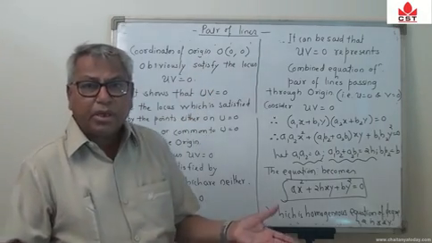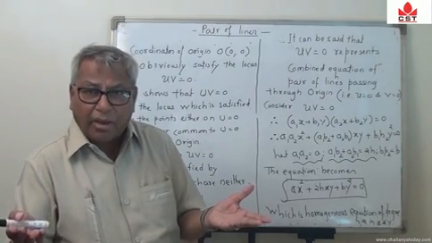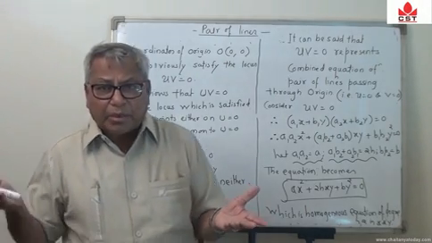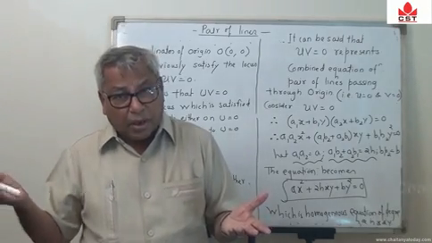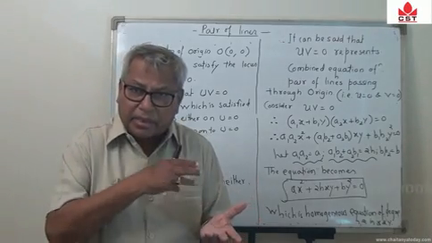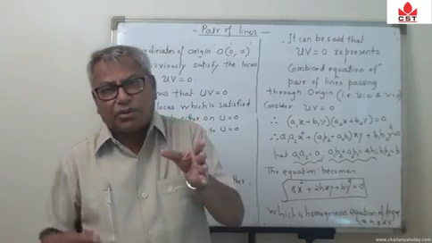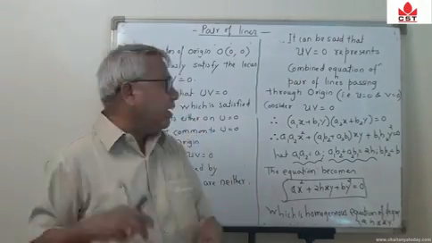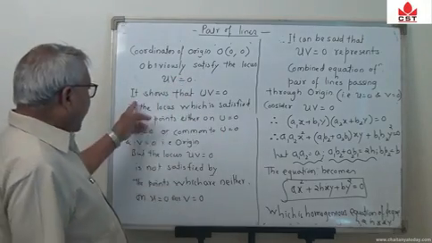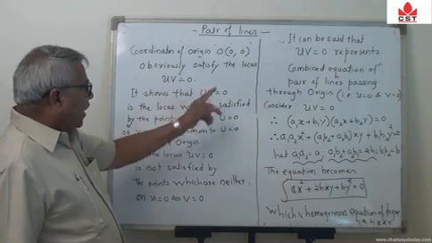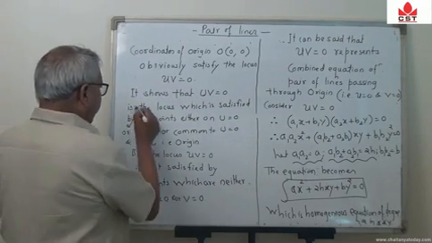That is, a1x plus b1y times a2x plus b2y is equal to 0 when x equal to 0, y equal to 0. So the first is 0, the second is 0. Obviously, it satisfies the locus uv equal to 0.